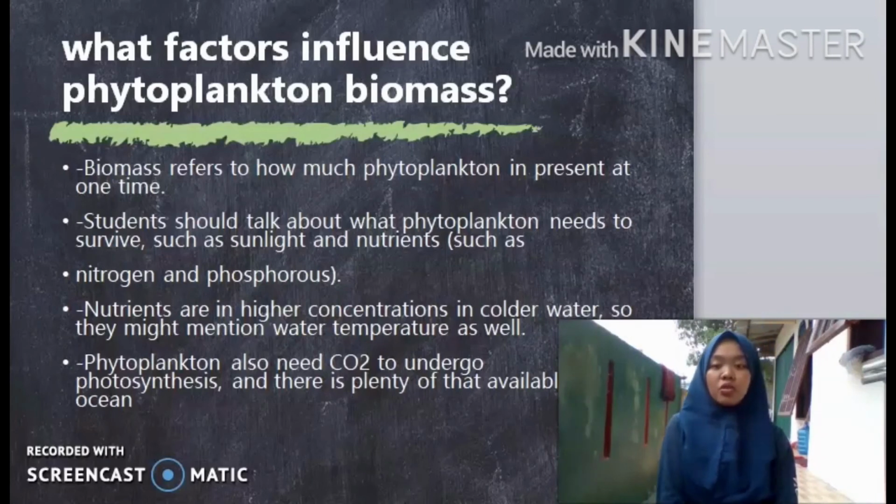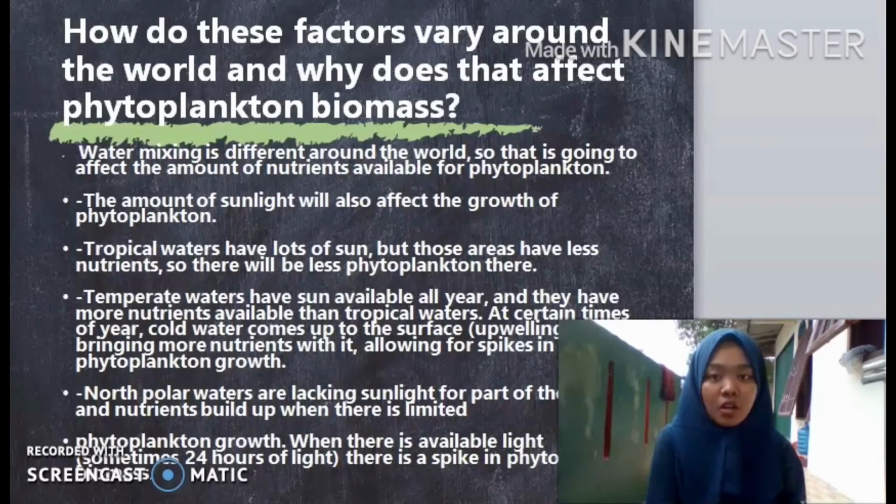Phytoplankton also need carbon dioxide to undergo photosynthesis, and there is plenty of that available in the ocean. How do those factors vary around the world, and why does that affect phytoplankton biomass?